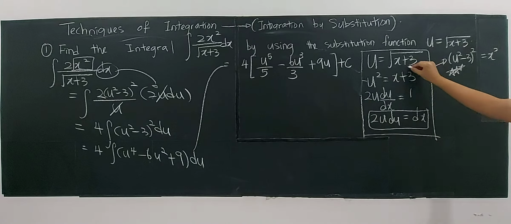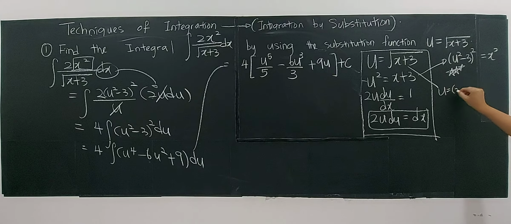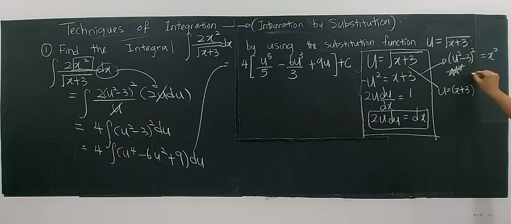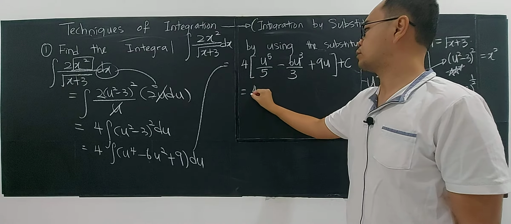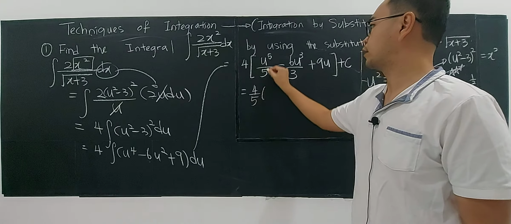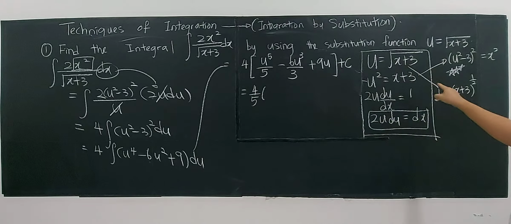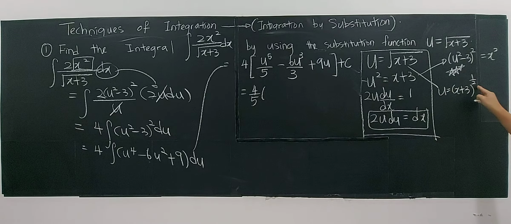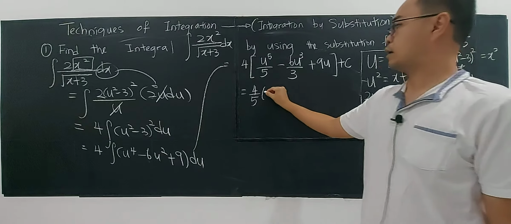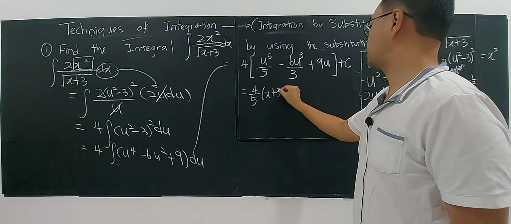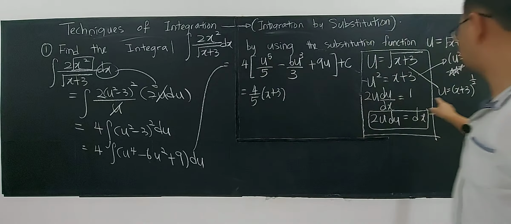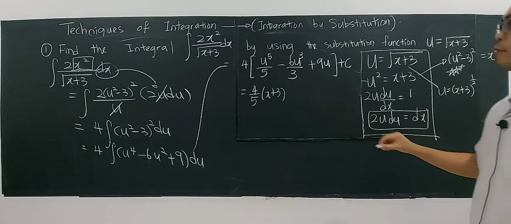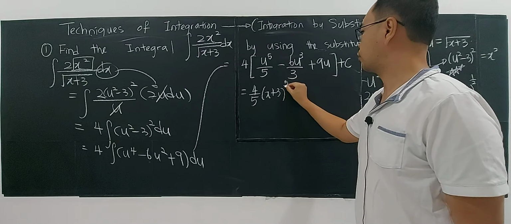You must remember that u is actually x plus 3 to the power 1 over 2. So replacing back the u, you expand the 4, which becomes 4 over 5 times x plus 3 to the power 1 over 2 to the power 5, so you have 5 over 2.